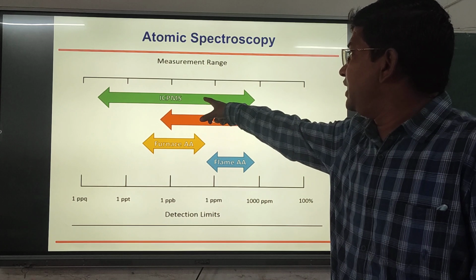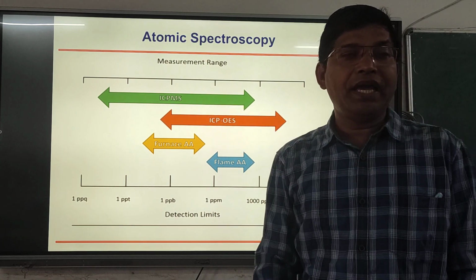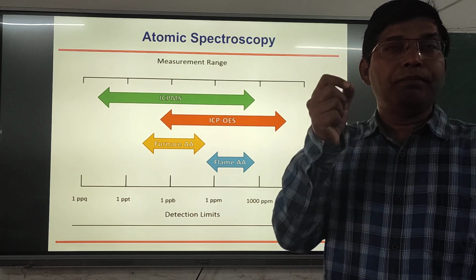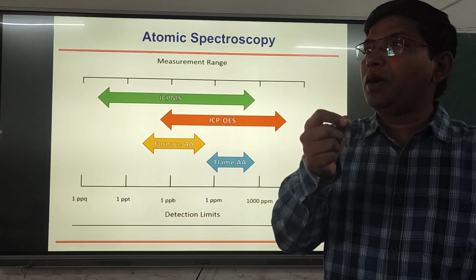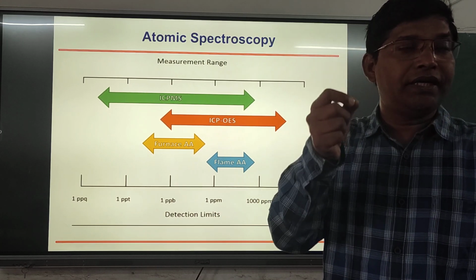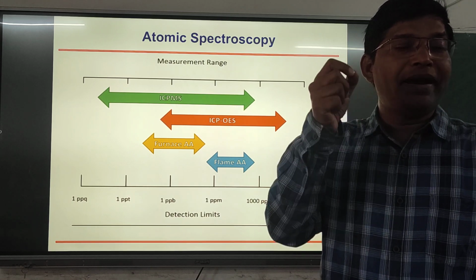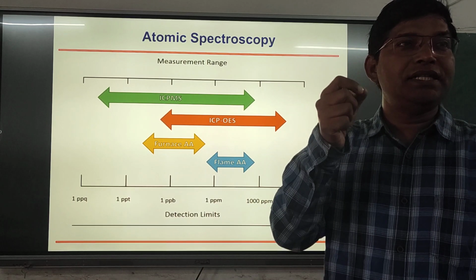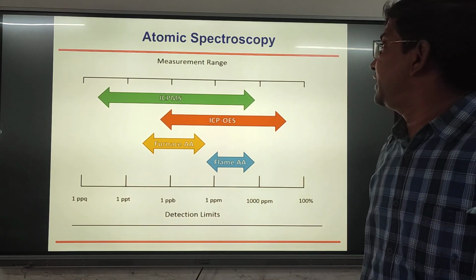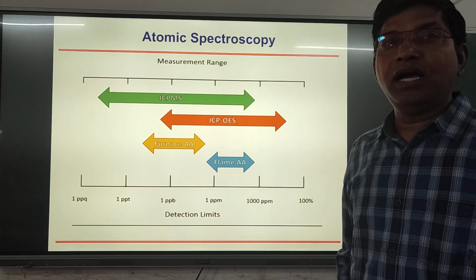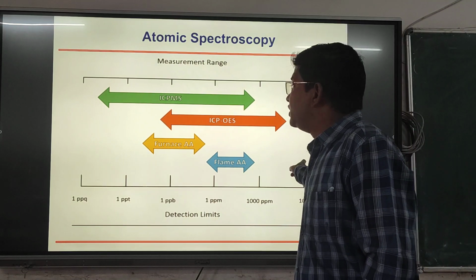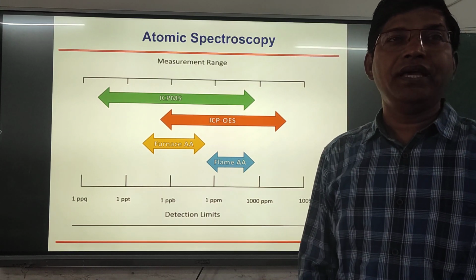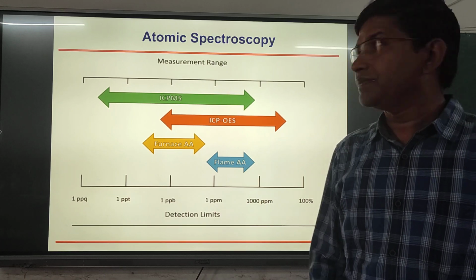So here we can see an element in a femtogram, like 10 to the power minus 12 gram of any element present in the sample. At that level we can determine the element from the sample. So this is the utility or advantage of ICP MS.